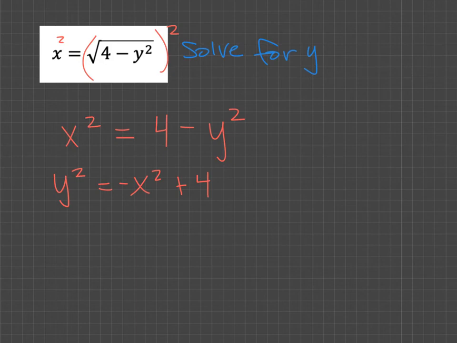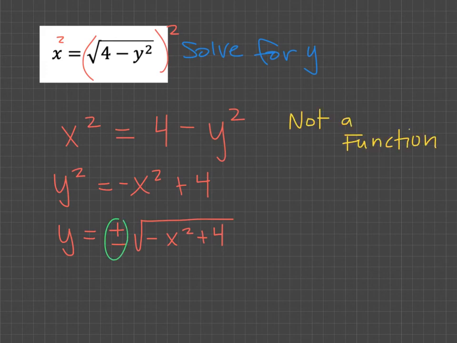And then now we want just y, so we take the square root. That's going to give us plus or minus square root of negative x squared plus 4. Okay, again, we have that telltale plus or minus, which tells us that we don't have a function. If we want, we can test that out.